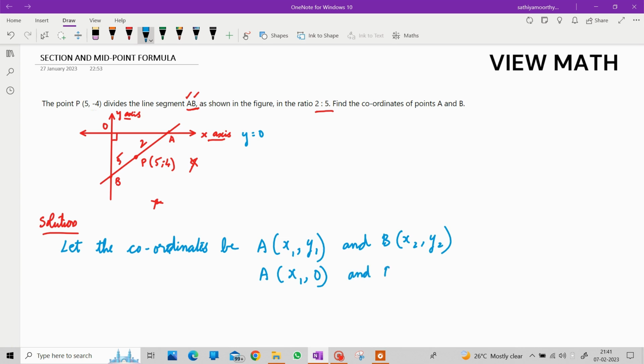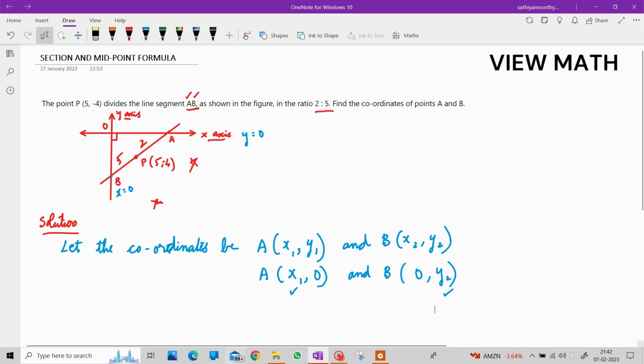Now we know that B lies on the y-axis. In the y-axis, x is equal to 0. So I'm going to take x2 to be equal to 0, so B is 0 comma y2. So now I need to find out x1 and y2.